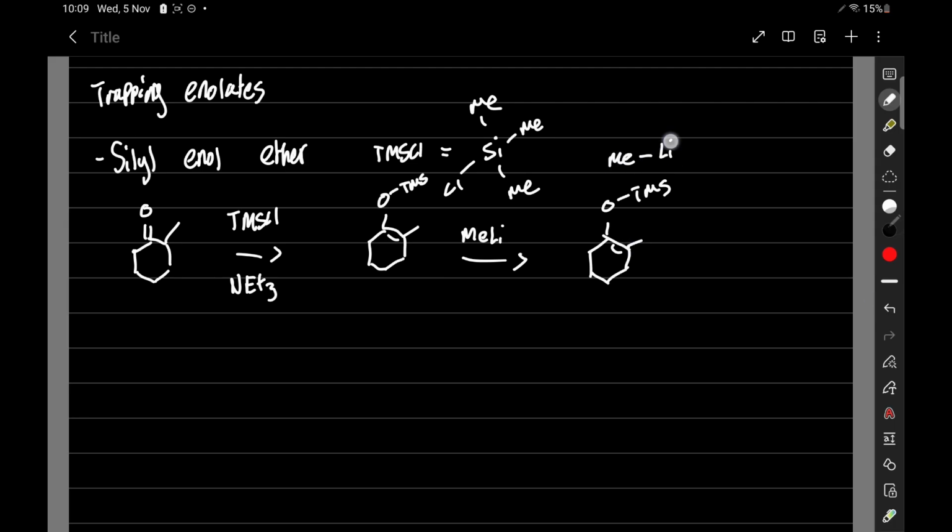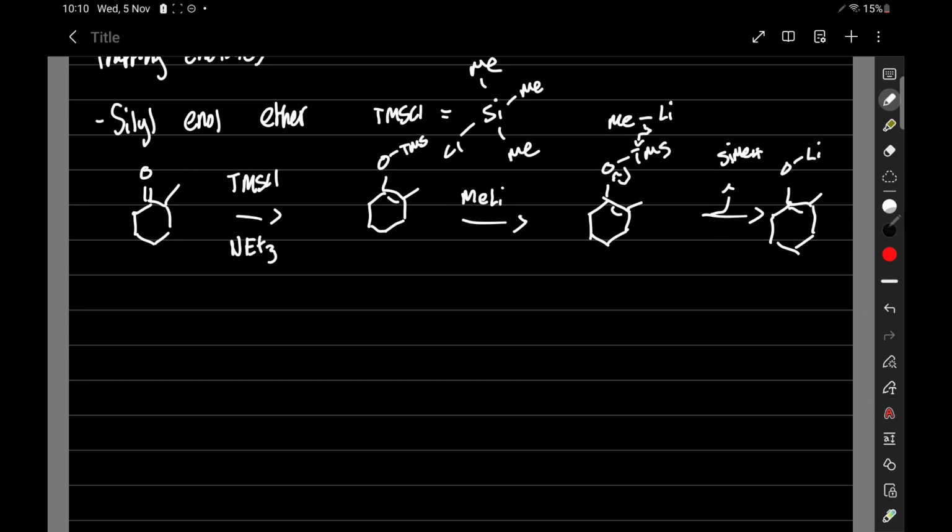When I treat this with methyl lithium, the TMS group is liberated from the ether to essentially produce tetramethylsilane, and my enolate, which is now represented by this oxygen lithium bond, which we know will basically be a negative charge on the oxygen.